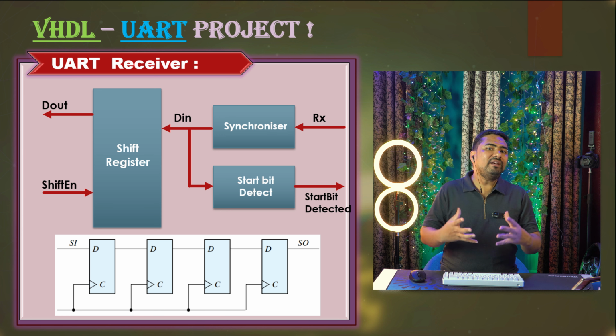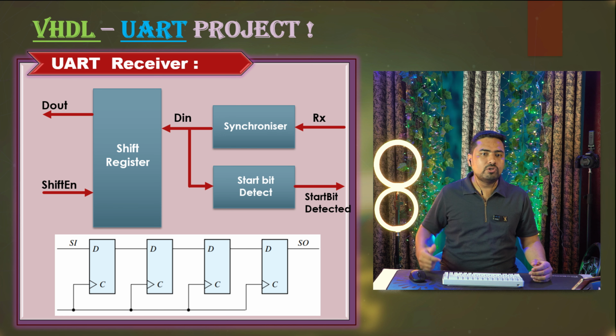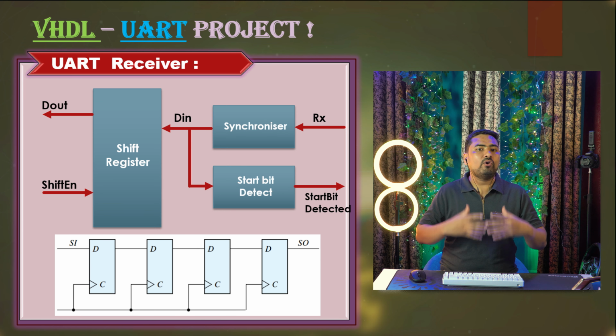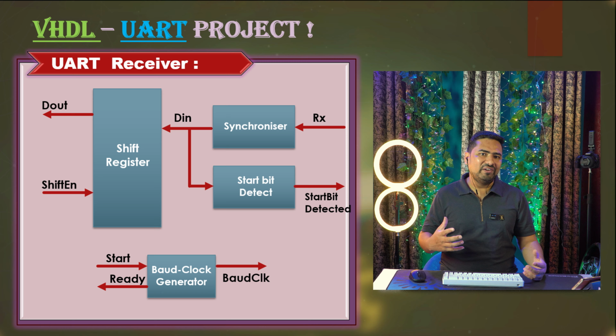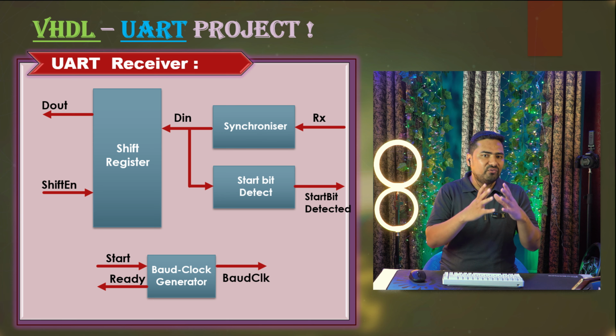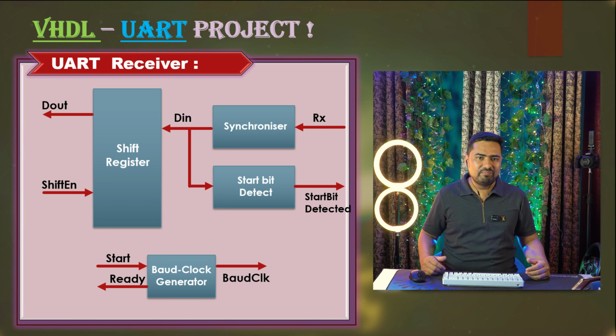In the end, we will capture all the bits from the output of each individual flip-flop so that we can get all the data bits together. Don't worry if this is not clear at the moment, because we are going to write the VHDL code for this and explain it once again. So let's move to the coding part.